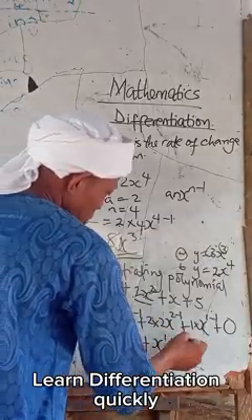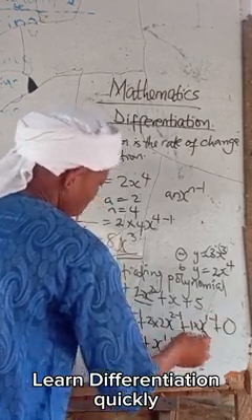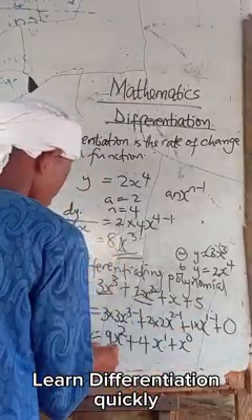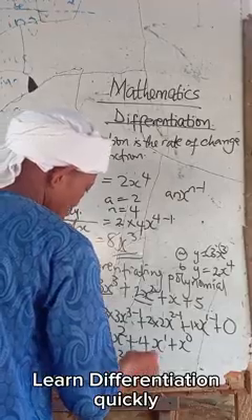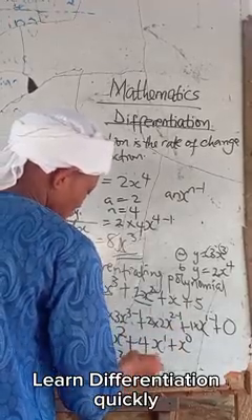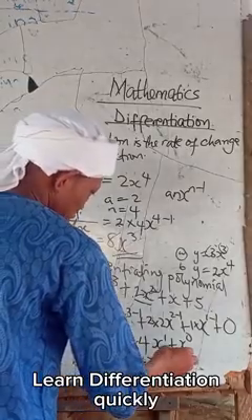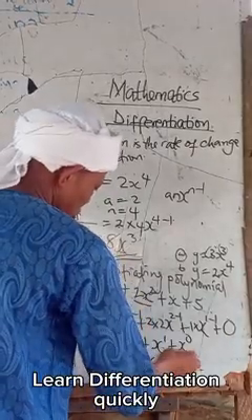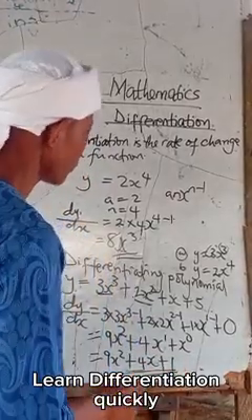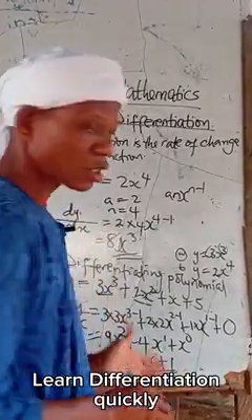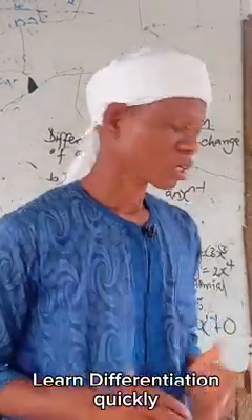Plus 4x. 1 times x is x. 1 minus 1 is what? 0. x raised to the power 0 is 1. So we have 9x squared plus 4x plus 1. So this is it. I believe you understand how we do this. So, okay, now let's move on.